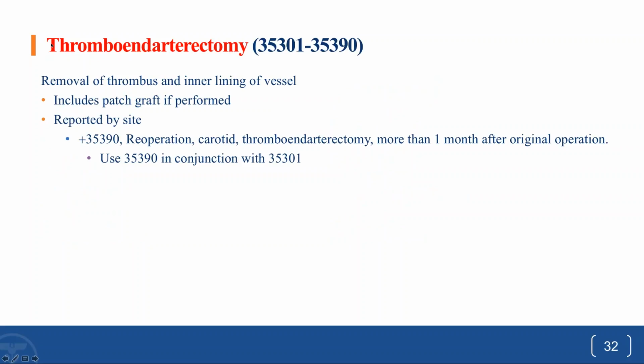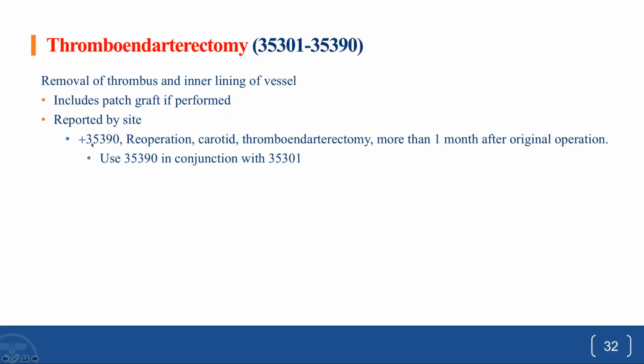This term here, thromboendarterectomy, please make sure you have the CPT code range, which is listed here, 35301 through 35390. So that's just removing a thrombus or clot in the vessel.